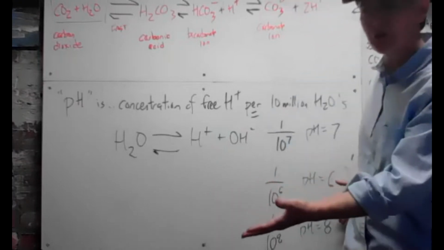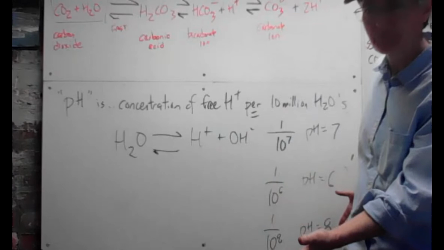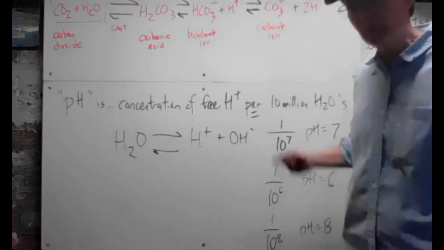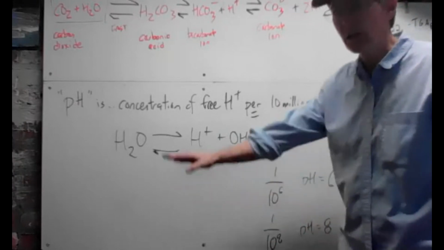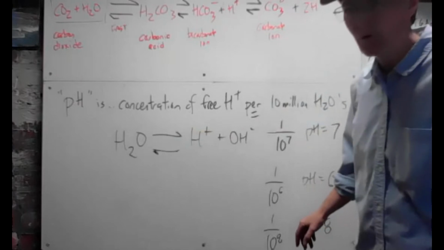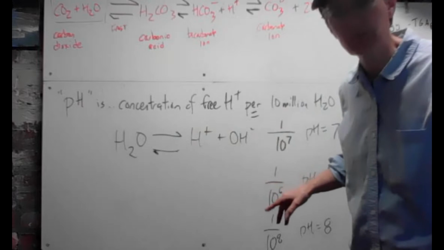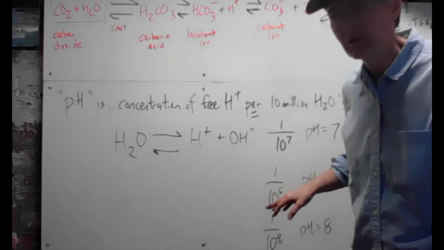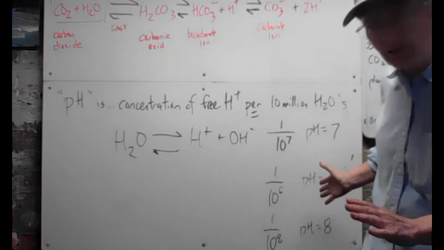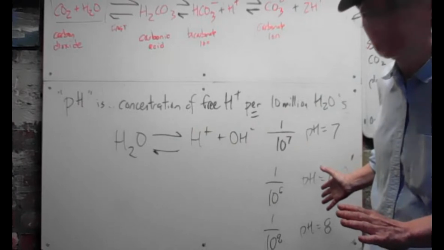So this is the detail you need to be a limnologist, and to understand the carbonate buffer system. Any questions about this or any corrections? Did I say anything wrong? Because sometimes I talk too fast.